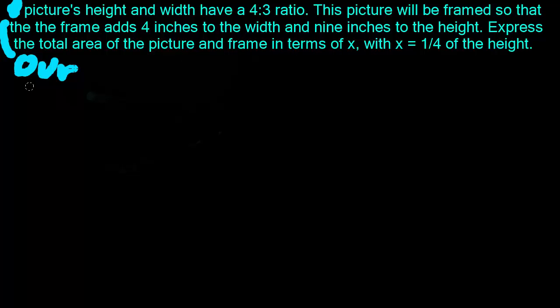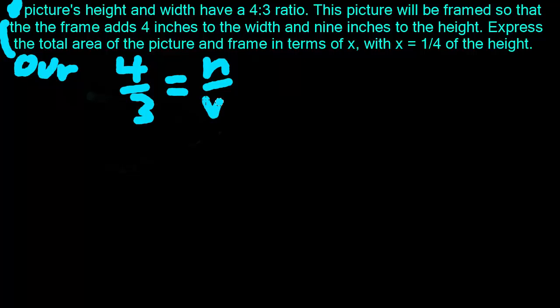So, our picture has a 4:3 ratio, so we have 4/3 equals h, because h is first, the first word in our word problem, height and width have a 4:3 ratio.